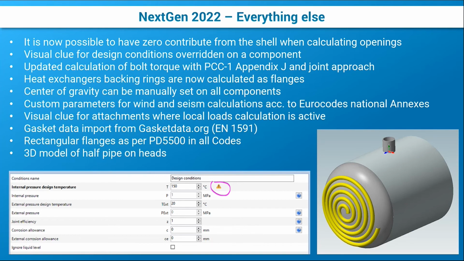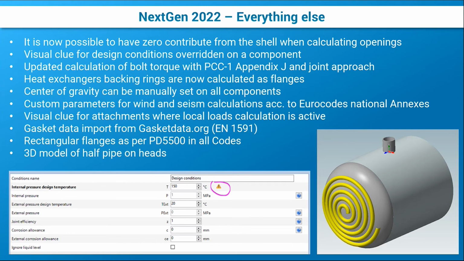Now you can calculate them as flanges. And we have added on all the components that you can model in NextGen the ability to define a customized center of gravity. So you can change under the weights section of your component. You can set the center of gravity for all the components with different options.